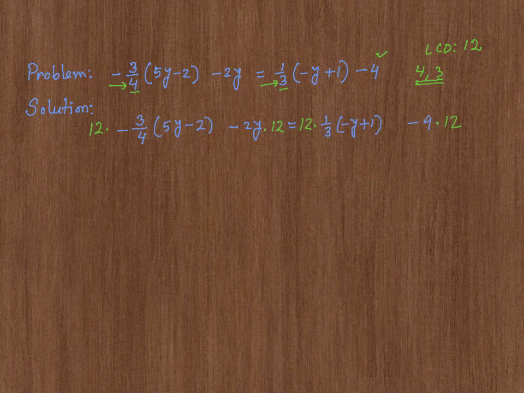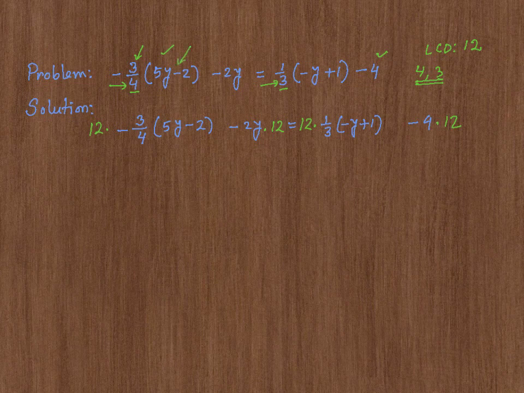I have multiplied every term in the equation by 12. Now here is a point I would like to make, because I have seen students make this mistake many times. I am multiplying every term on the left hand side by 12. What some folks do is multiply the negative 3 over 4 by 12 and then multiply the 5y minus 2 by 12 as well.